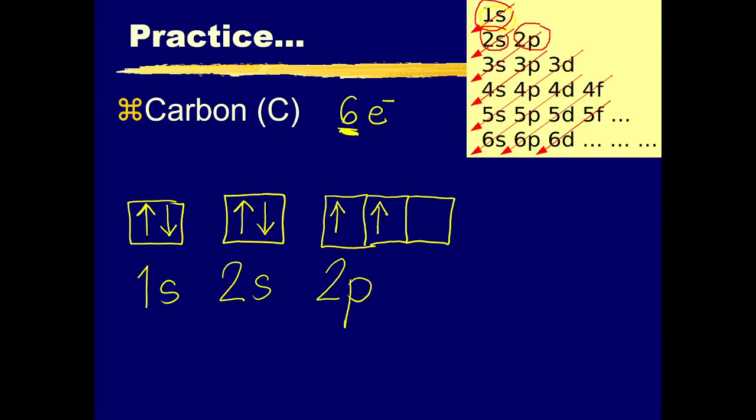And there you go. That is now the orbital diagram. And the electron configuration, you go back down here: 1s2, 2s2, 2p2. That is now the electron configuration. Is this example clear?